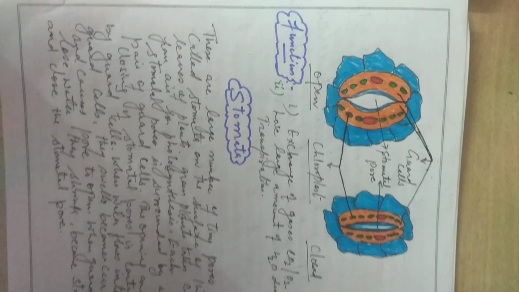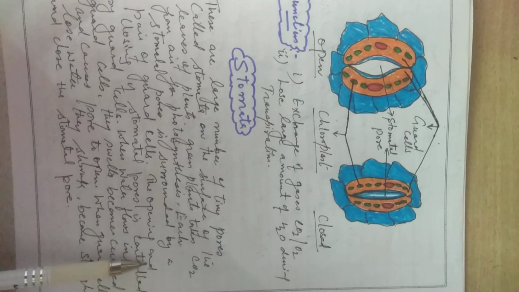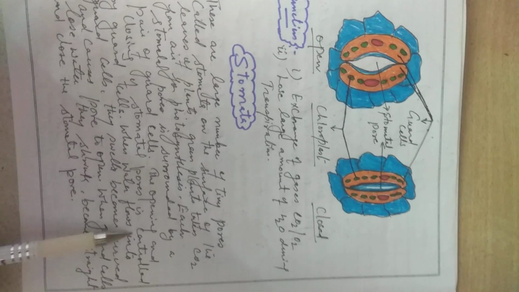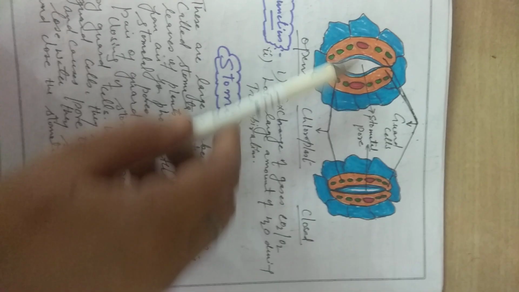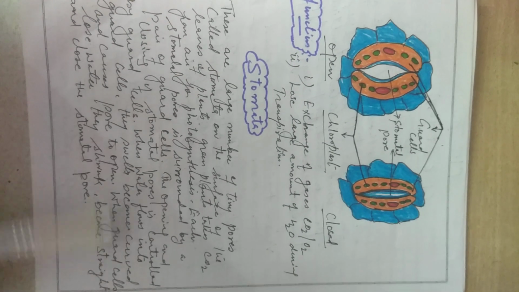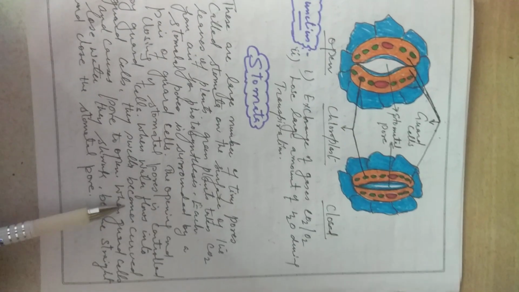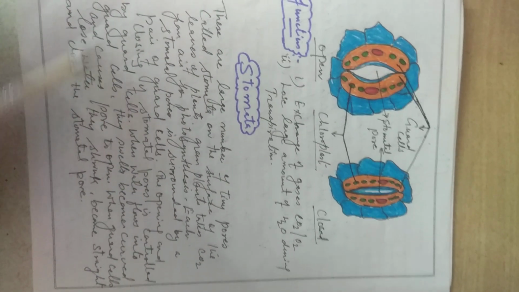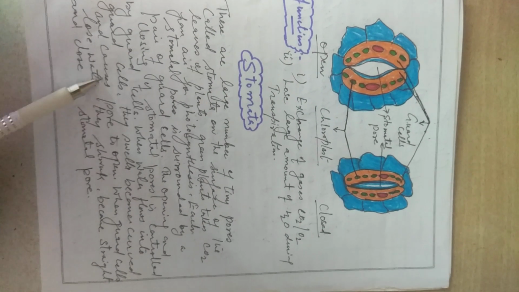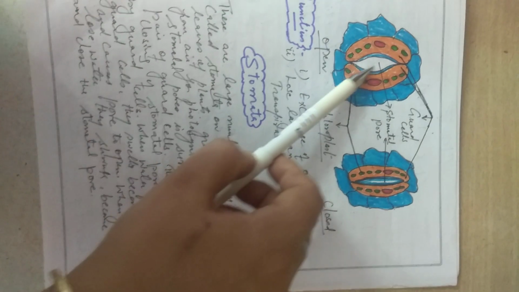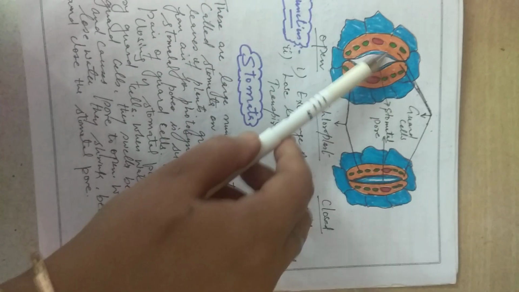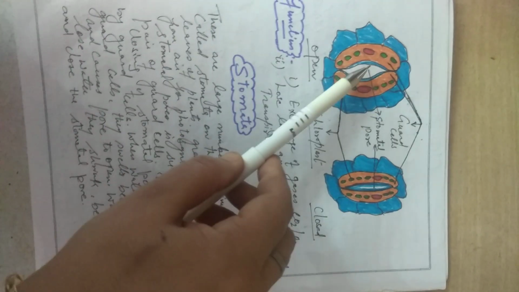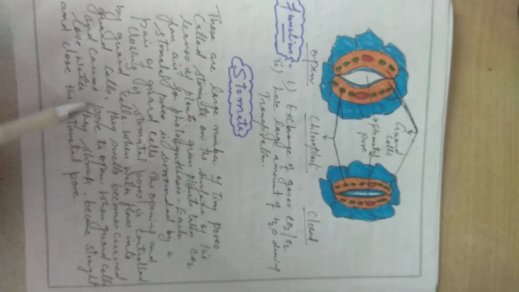These are guard cells. The opening and closing of the stomata pore is controlled by these guard cells only. How? When water flows into the guard cells, these cells swell, become curved and cause the pore to open.